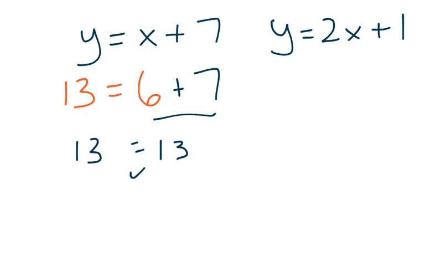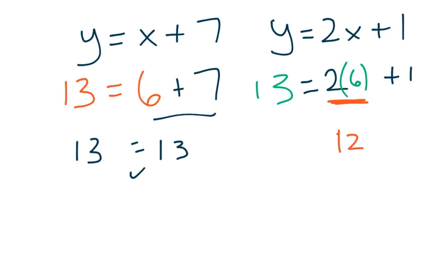Well, if y equals 13 and if x equals 6, does this work out? So I have 2 times 6, which is 12, plus 1, and we're still trying to see whether that equals 13.